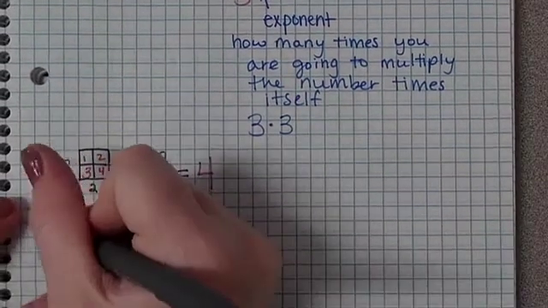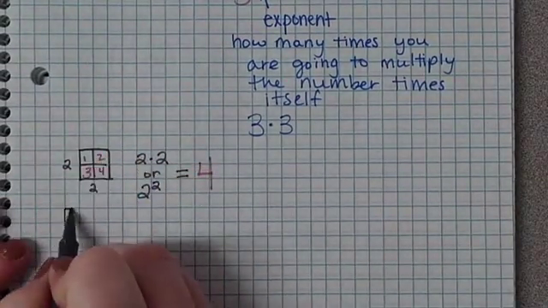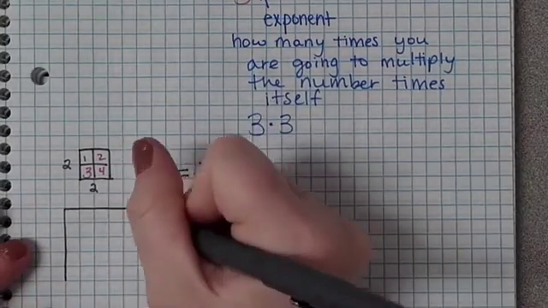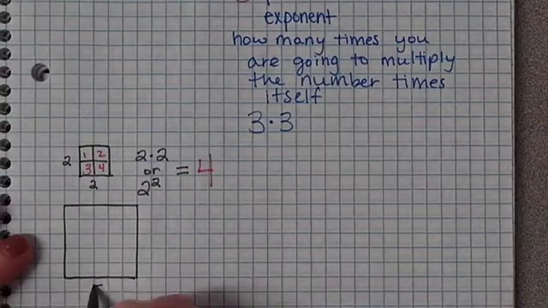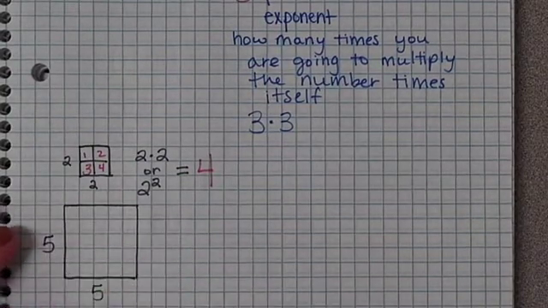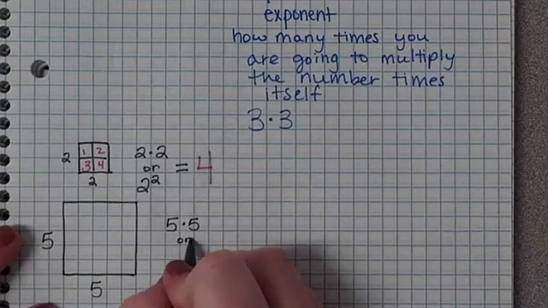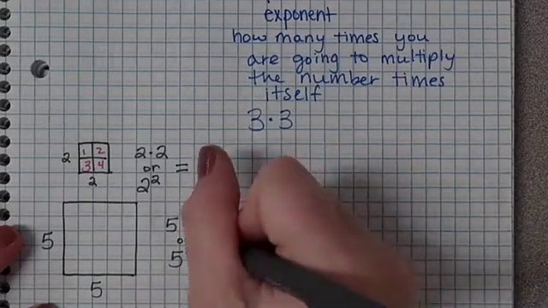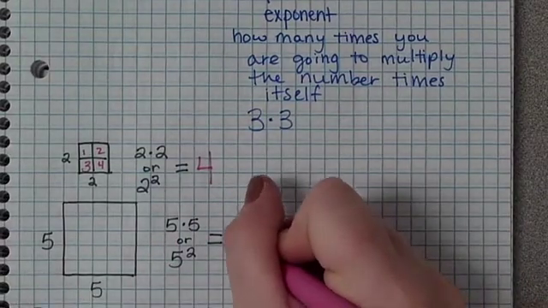Now this one, if we did 5 squared, or 5 times itself, 5 times 5 is 25.